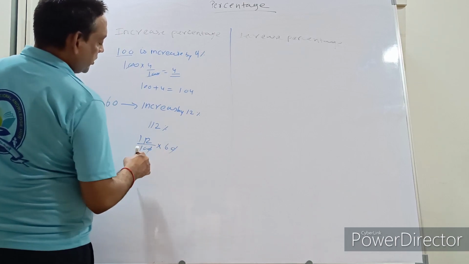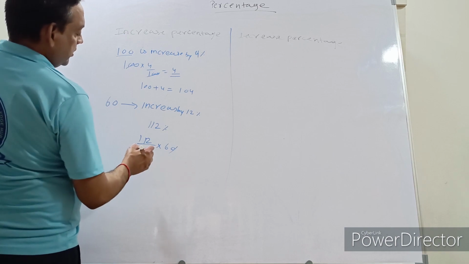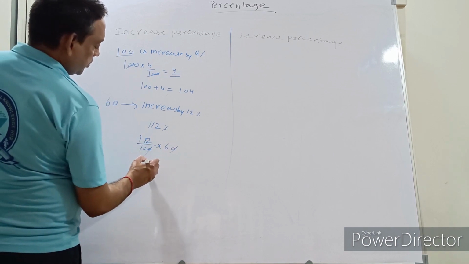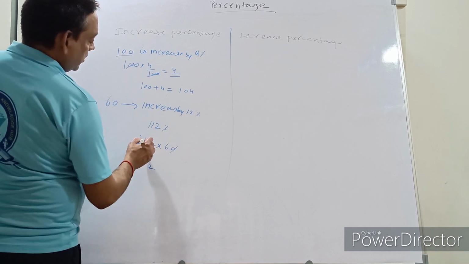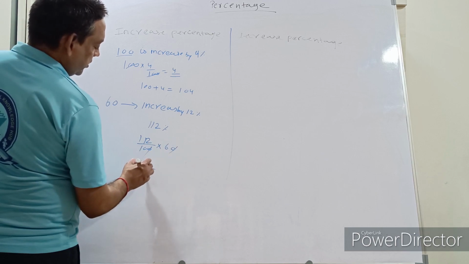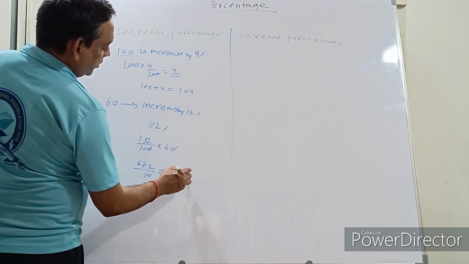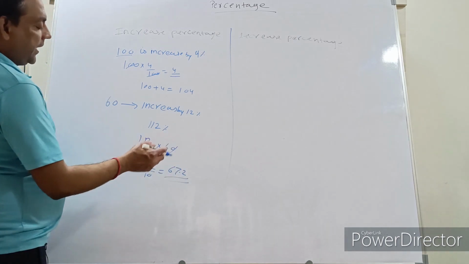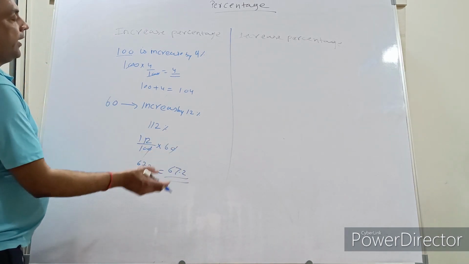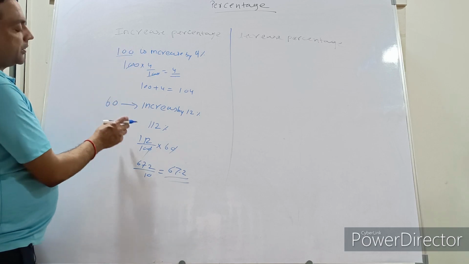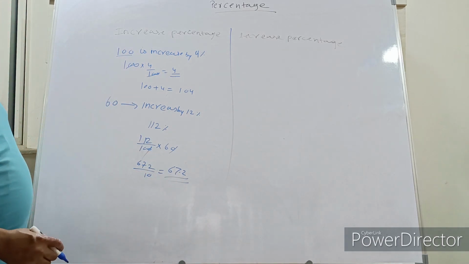So the 0 and 0 get cancelled, and then 6 twos are 12, carry 1, 66, 67. Upon 10, that is nothing but 67.2. So it is increased by 7.2 and the new increased number becomes 67.2. Clear?